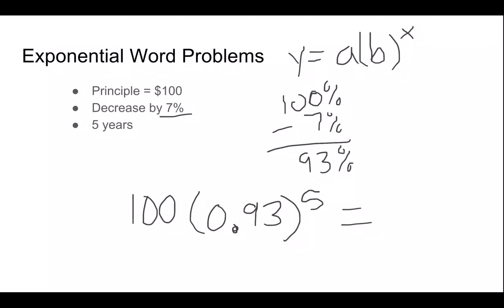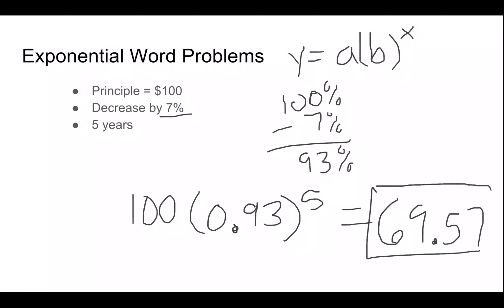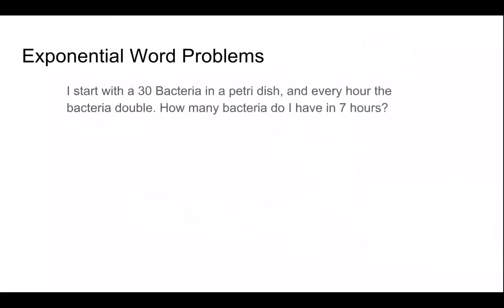When we do that, we should see that this becomes $69.57, which makes sense because we are decreasing. The rate is depreciating, or going down. So the big thing you want to do is make sure that you know if you're increasing the percent or decreasing the percent.